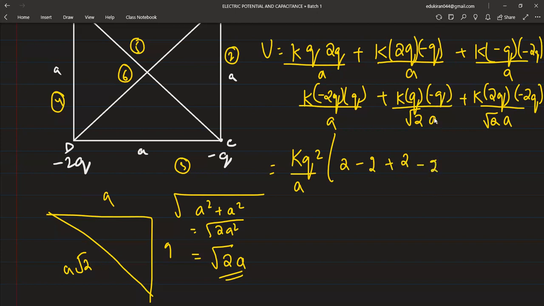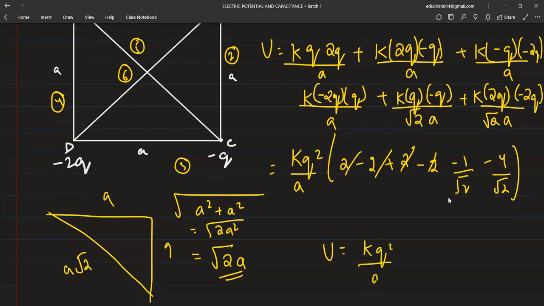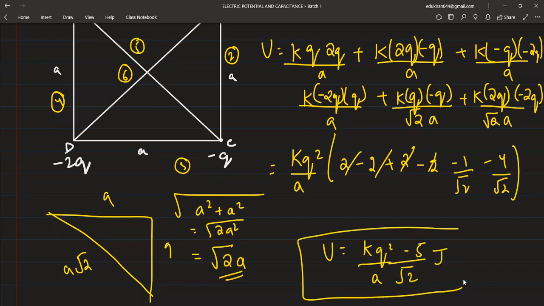K Q square by A. So minus 1 by root 2 from here, K into Q square by A. So minus 4 by root 2. These two get cancelled, these two get cancelled. So what's the final answer? K Q square by A, minus 5 by root 2 joules. Write it. This is the formula.